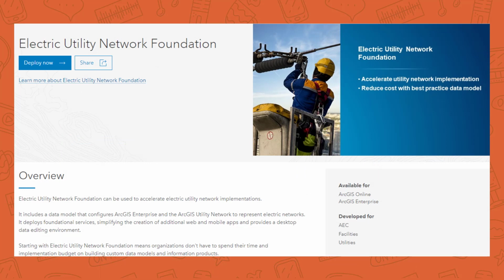utility network foundation. Essentially, if you go, let's say, to the electric group inside of the solutions templates, it'll be called electric utility network foundation. If you go to the water one, it'll be called water utility network foundation. And this foundation and this template actually provides you with, first off, sample data that you can start to play with.